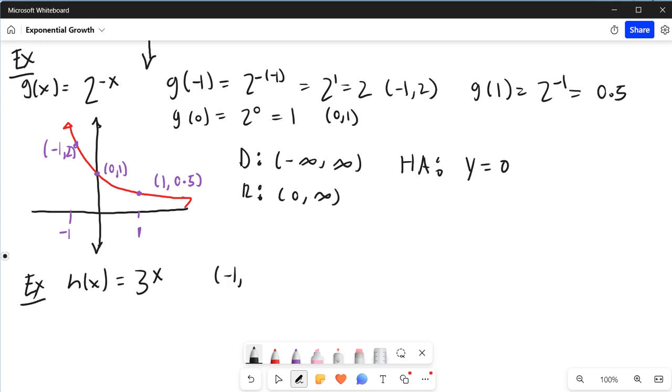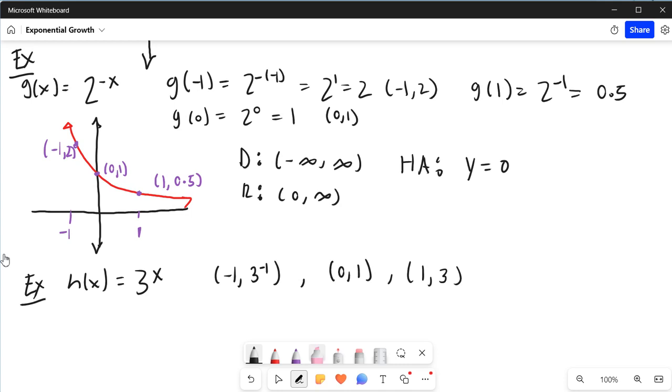If you plug in negative 1, that's going to be 3 to the negative 1, which is actually 1/3. And then you have (0, 1), which is the key point, 3 to the 0, which is just 1. And then you have 3 to the 1. I think we have this backwards, but (1, 3).